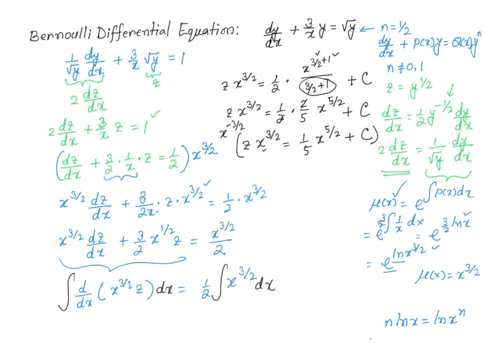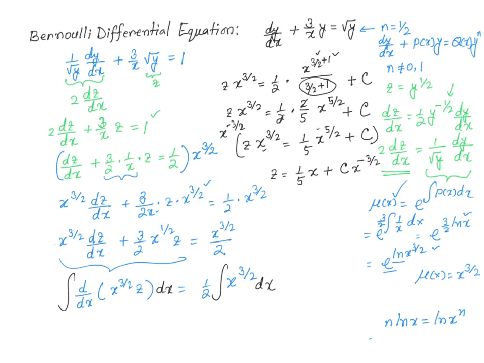So that I can get rid of it. That's going to give me z is equal to 1/5 times x to the power -3 over 2 times x to the power 5 over 2, which gives x to the power 2 over 2, that's going to be just x, plus c times x to the power -3 over 2.